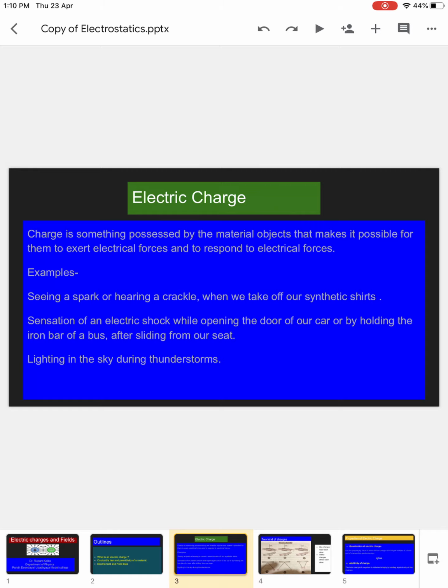The reason for these experiences is the discharge of electric charges through our body, which were accumulated due to rubbing of insulating surfaces. And one most common example of electric discharge is lightning during a thunderstorm. So this is the basic idea of electric charge phenomena.